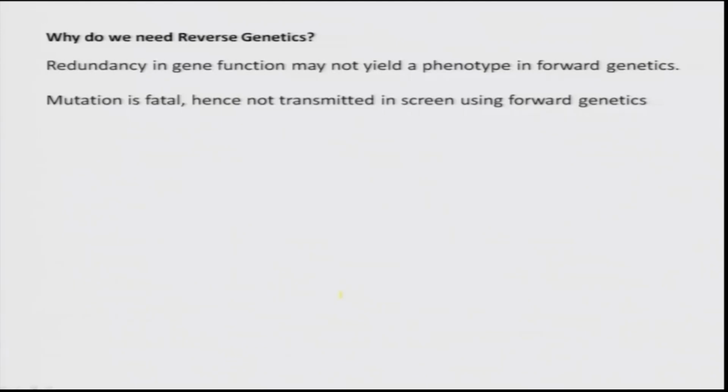Sometimes the mutation could be fatal, meaning that the mutation may not come to the population. So, you will miss out in a classical genetic screen, whereas in reverse genetics I know that whenever I make this mutation, the fly dies, so I know that it is a lethal phenotype, which otherwise you would miss out. The phenotype could also be very subtle, and you cannot see it.